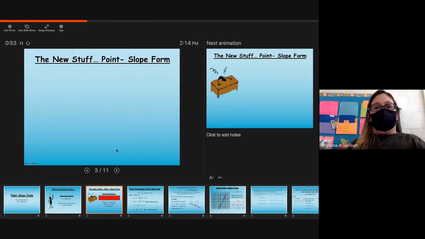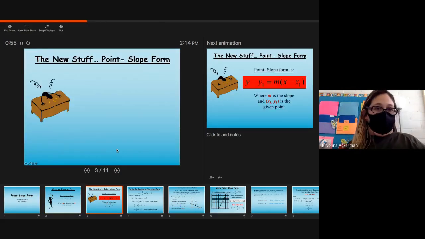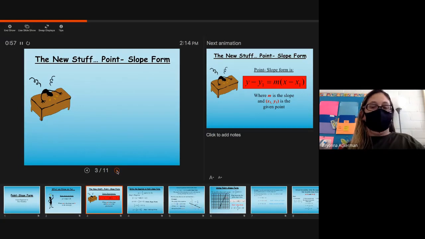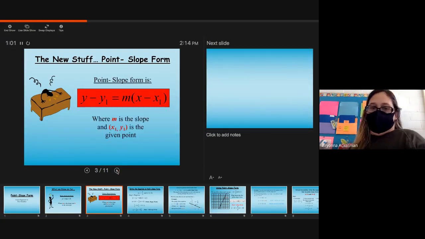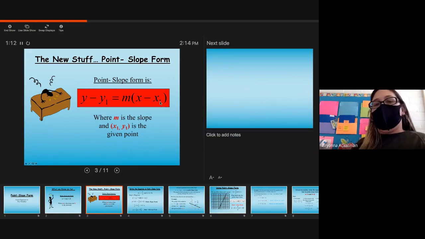And then some new stuff was point slope form, okay? Now point slope form looks like this. It's y minus y1 equals m parenthesis x minus x1. And x1 and y1 is a point that's given.